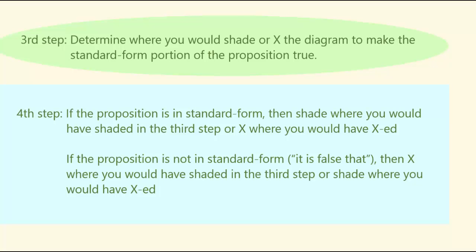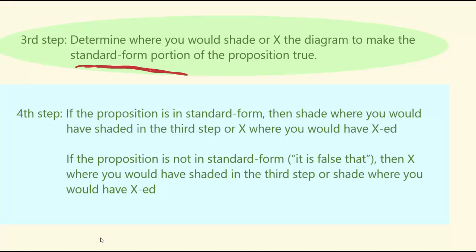In our third step, we want to determine where we would shade or X the diagram to make the standard form proposition true. And what I mean here is a proposition that does not have "it is false that" in front of it. So which area would you put your X?